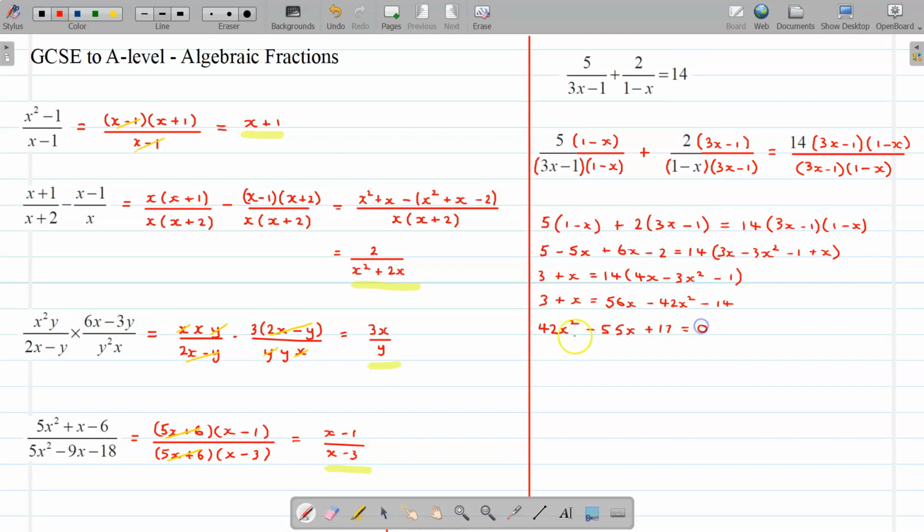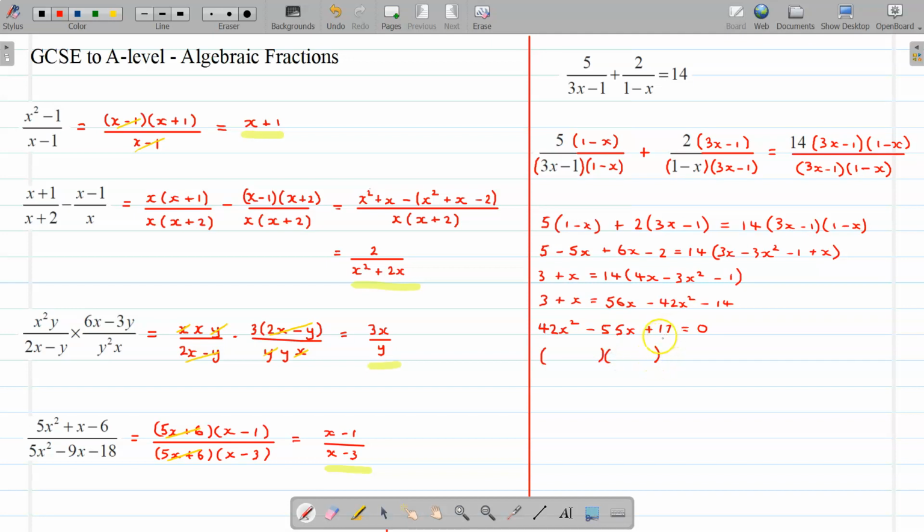Okay, and that's a quadratic. Looks very difficult to solve. Could be solved using the quadratic formula, but it will factorize. Okay, now it may not be very obvious to start with, but usually in these simplifying problems you look for a factorization. There is a clue.